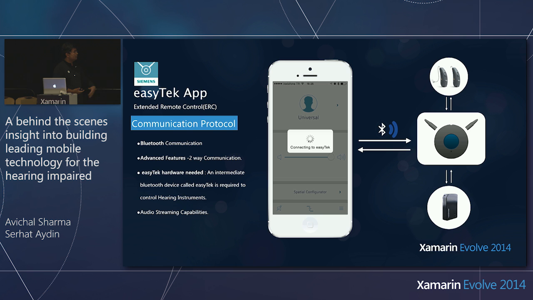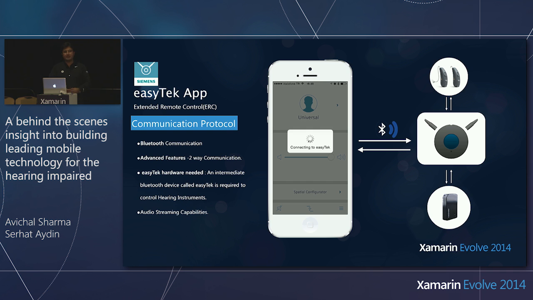You can see the moment you open the app, it just goes to the Bluetooth device. It tells the device, please give me all the information about the hearing instruments. It creates the UI for you. And it is a two-way communication. It can connect to different kinds of devices. You can see a device down there.